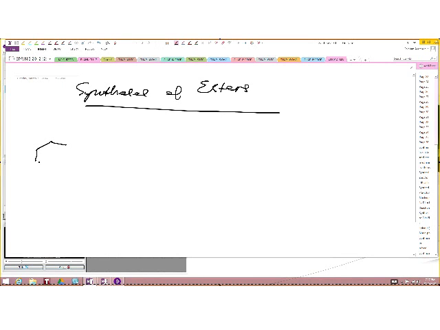If you take this molecule here, this is called salicylic acid. You could use this to make aspirin.